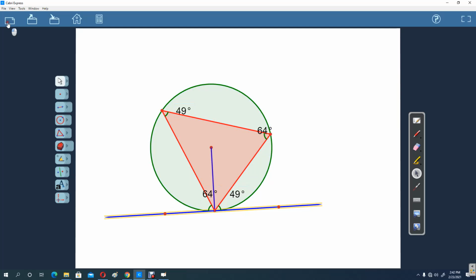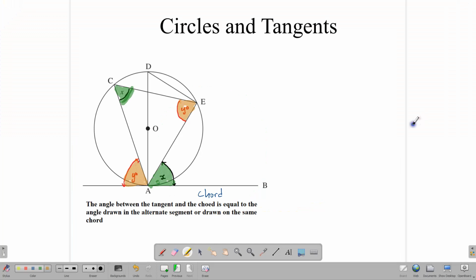So let's go back to our board. And here we see that when we draw the tangent and we draw the chord and both meet at that point, then the angle between the tangent and the chord is equal to the angle drawn on the chord.